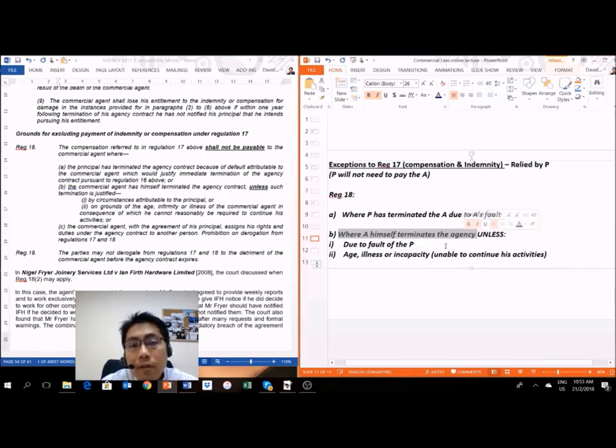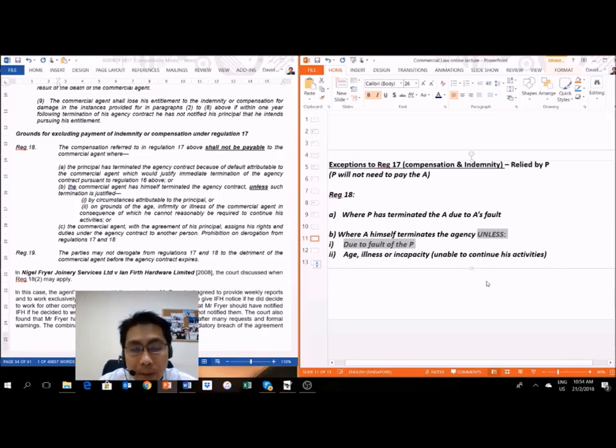But if the reason why A terminates agency is due to the fault of the principal, if there was a principal who had somehow forced him to, or behaved in a manner that's very unreasonable and very harsh to the agent, behaved inequitably with the agent, and the circumstance has caused the agent to resign or to terminate, which means to say that the reason why the agent is terminating the agency is due to the fault of the principal.